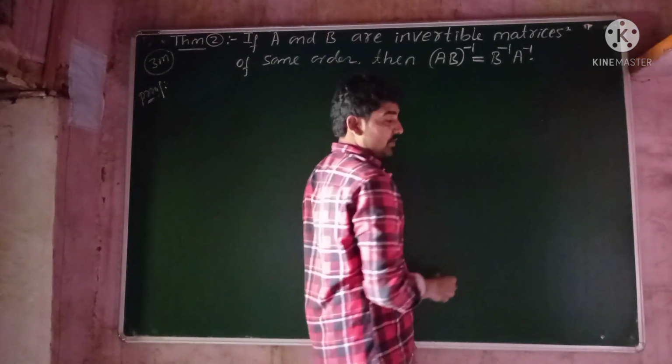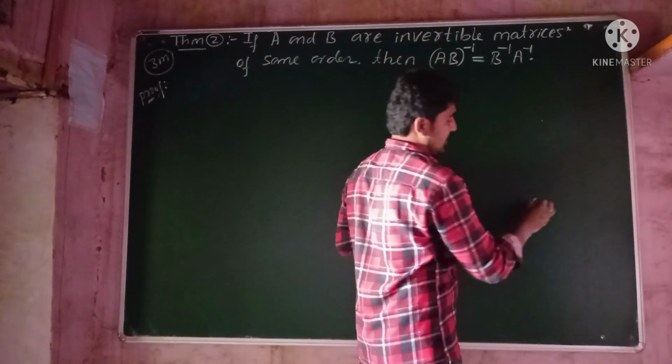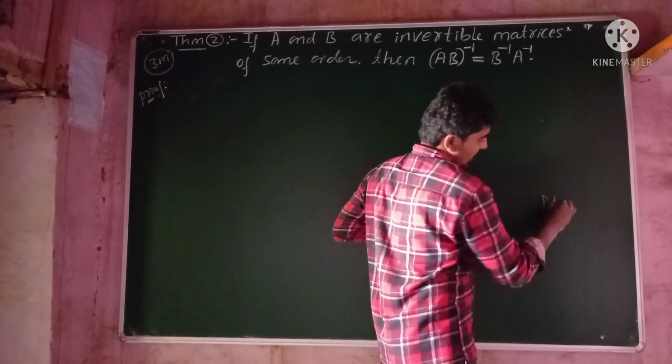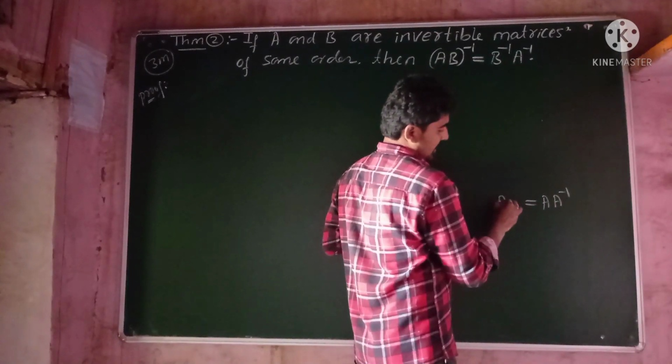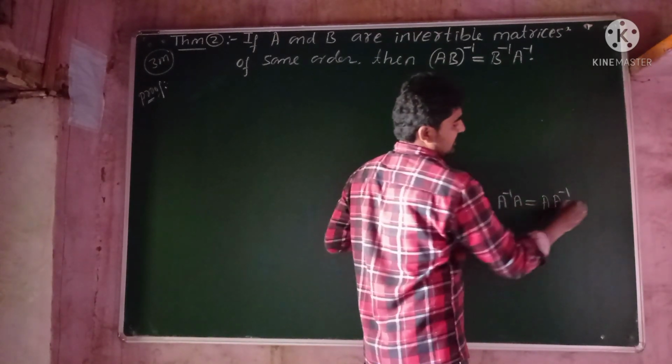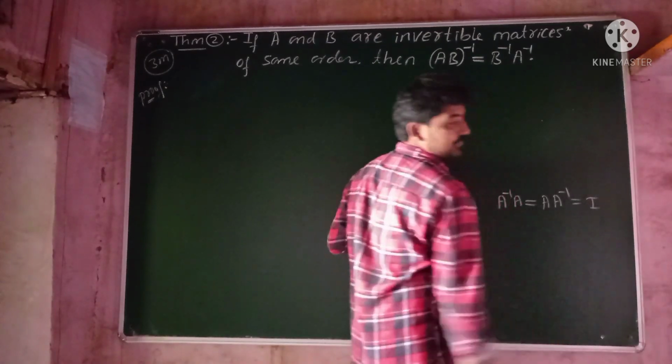we know that from the definition of inverse of a matrix, A into A inverse is equal to A inverse into A matrix is equal to I, we know that.